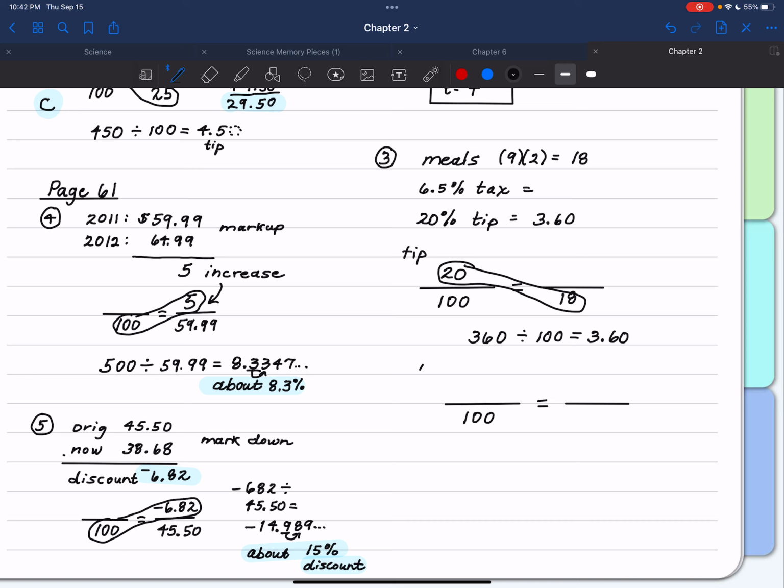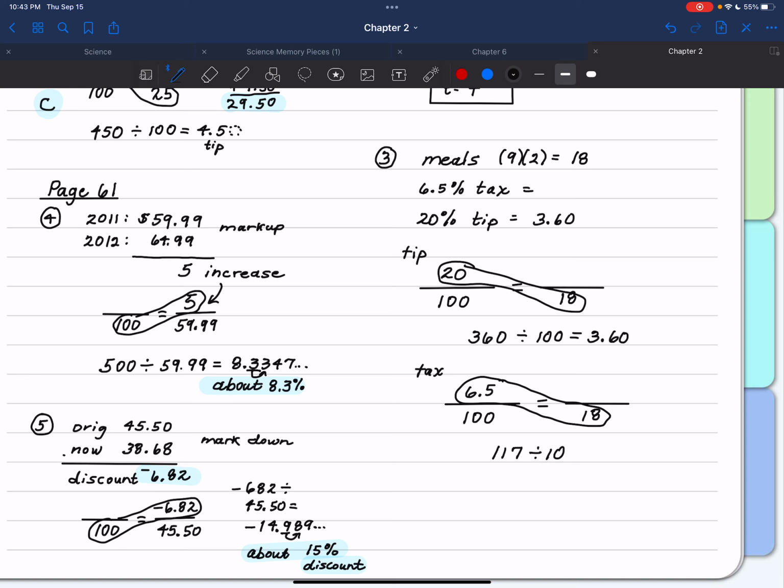So let's figure the tax here. We're going to do 6.5%. Now remember, if you're using the proportion, you don't have to move the decimal. You just put that on there. It's 6.5 pennies for every dollar that you're spending. And again, I'm going to use the 18 as the total. So 6.5 times 18 is 117.